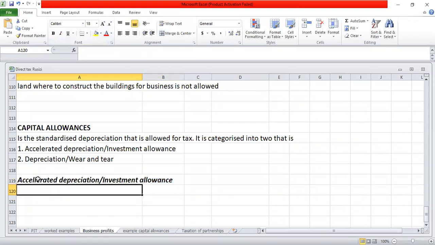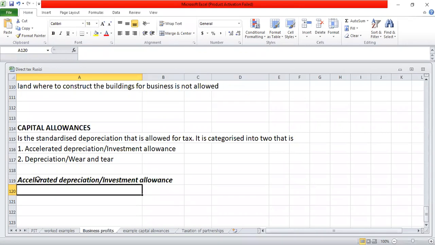And this accelerated depreciation, it is given to a registered investor. The important aspect there is that the investor must be registered and must invest in a new or used asset of 50,000 USD each. Each asset should be having a value of 50,000 USD. In that case, the allowance can be given.